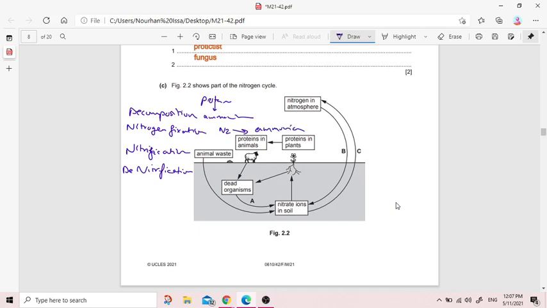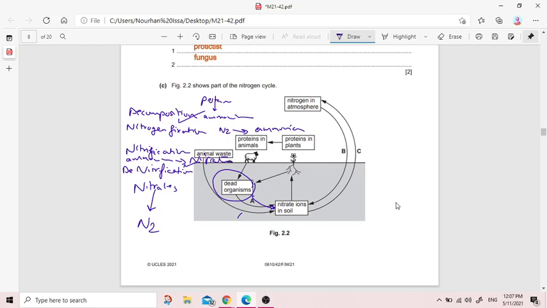In the nitrification, ammonia is converted to nitrates, while in the denitrification, nitrates go back to being nitrogen gas. So here, in these letters, we have dead organisms, they became nitrates. So A is a combination of 2 processes. It is decomposition and nitrification.